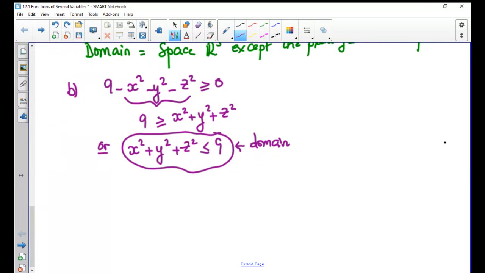What shape is x squared plus y squared plus z squared equal to 9? It's a sphere, yeah? A sphere of radius 3.